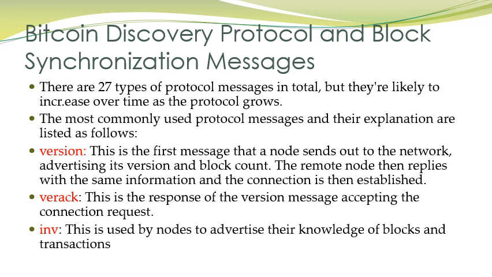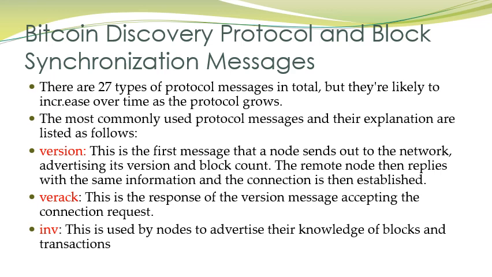So in this session, we are basically trying to learn the Bitcoin discovery protocol and block synchronization, how the Bitcoin synchronization will happen. We are not going into the details of all the functions that happen through the exchange of these messages in Bitcoin networks. So the first type of protocol message that may be exchanged is version.